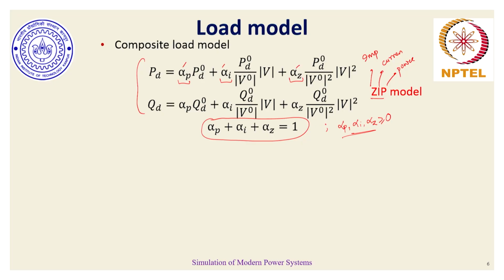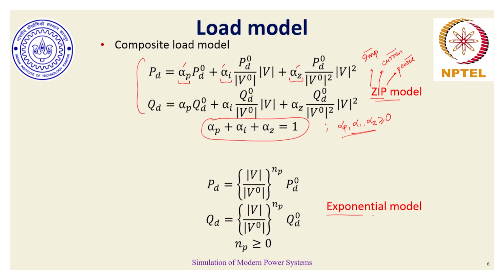Now, the ZIP model can interpret impedance, current and power to some extent, but is that sufficient? Researchers over the years have felt that just the ZIP model will not suffice. There are loads which are highly nonlinear in their behavior, and simply having a ZIP model doesn't serve the purpose, because ZIP can only represent Z, I and P. Any other variation of power load behavior cannot be represented.